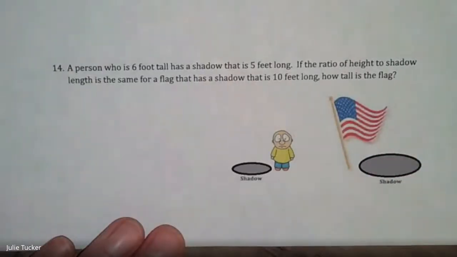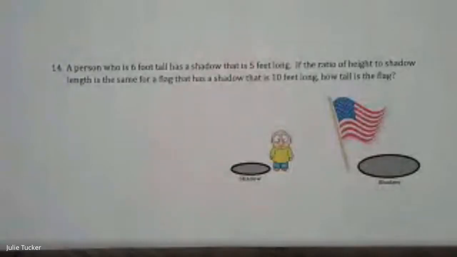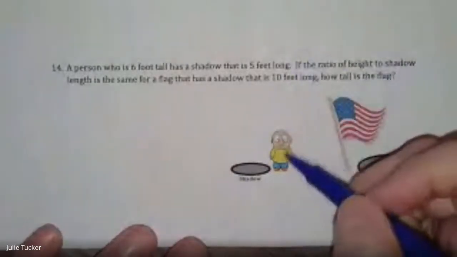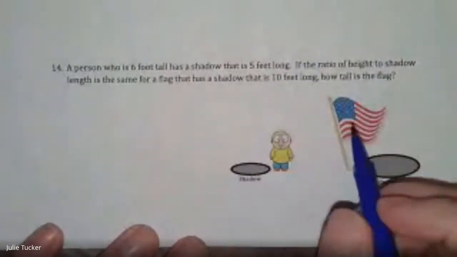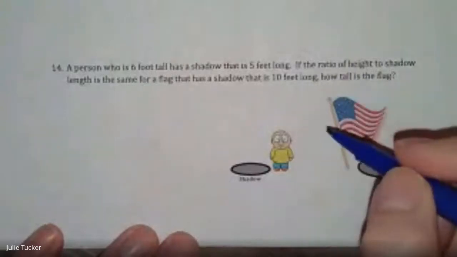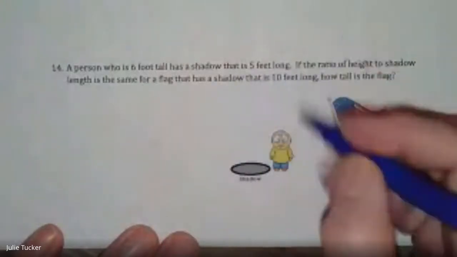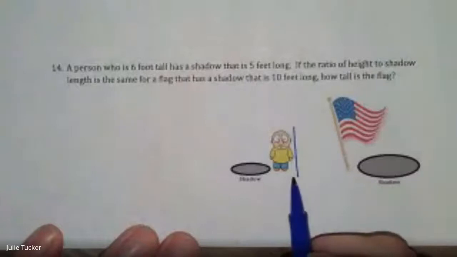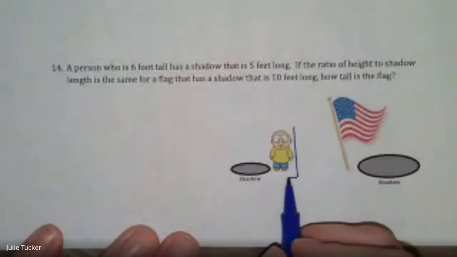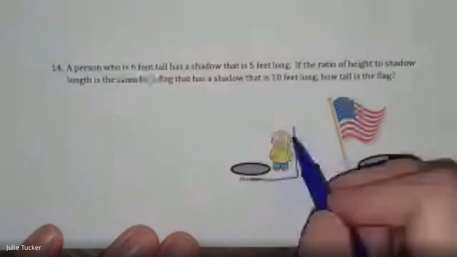Let's read this together. It says, a person who is 6 foot tall has a shadow that is 5 feet long. So here's the 6 foot tall person, and here's their shadow that is, I'm sorry, 5 feet long. So here's the 6 foot tall person and their 5 foot shadow.